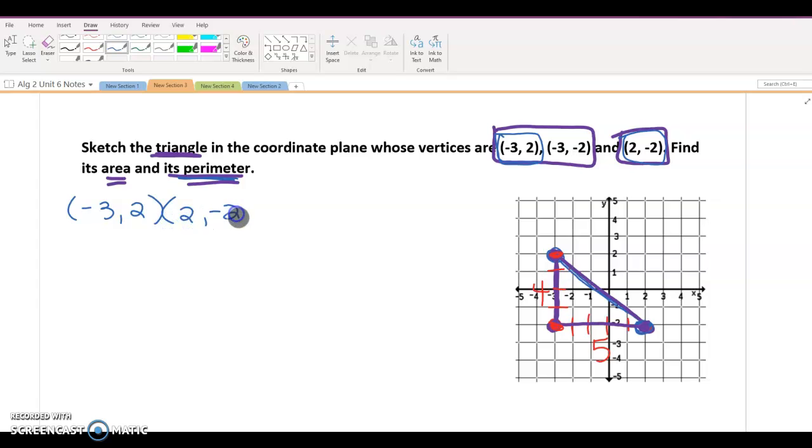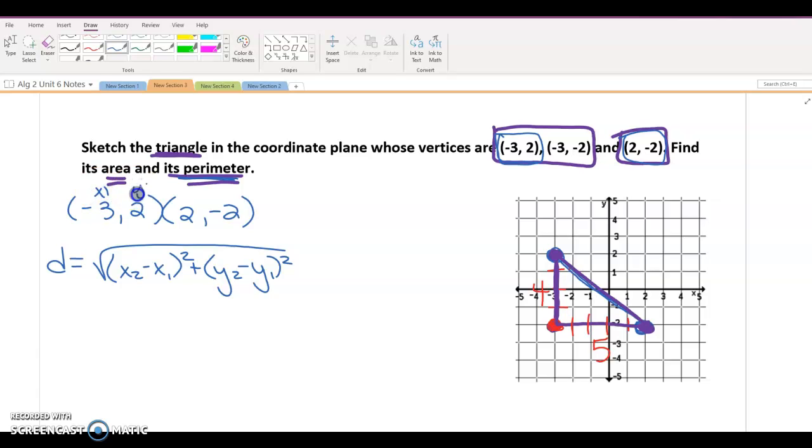And now for our distance formula, what we've been working with is the square root of our x2 minus x1 squared plus y2 minus y1 squared. And then label our ordered pairs. So this will be our x1, y1, x2, y2.